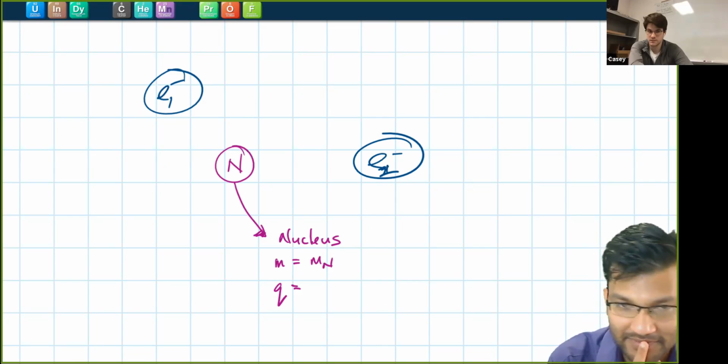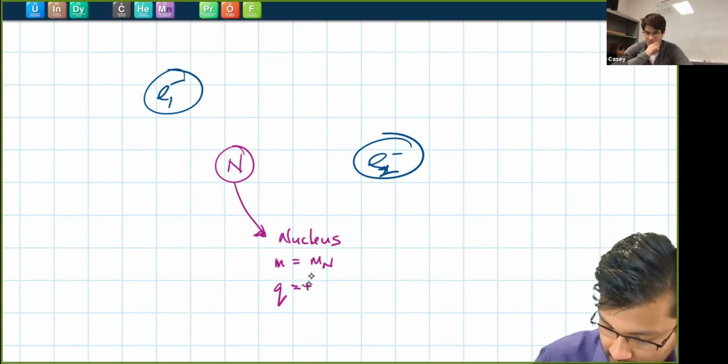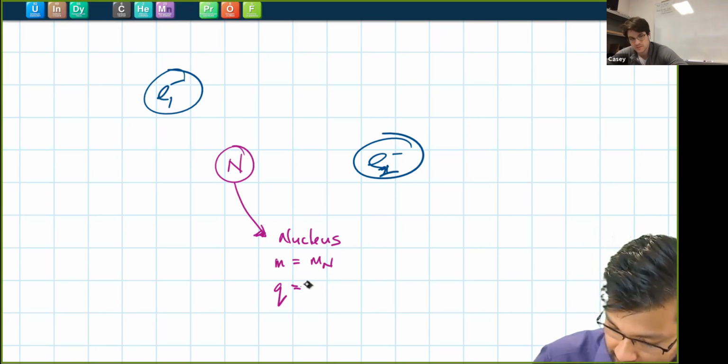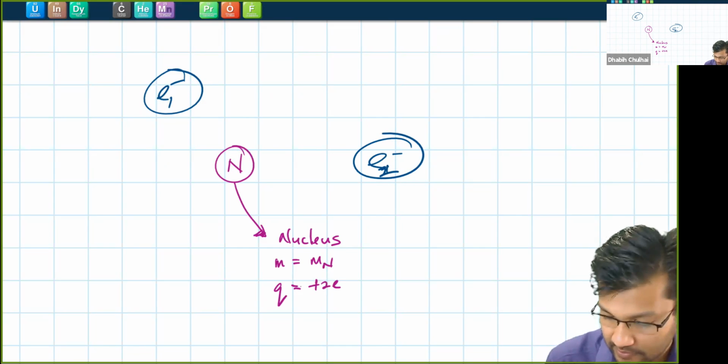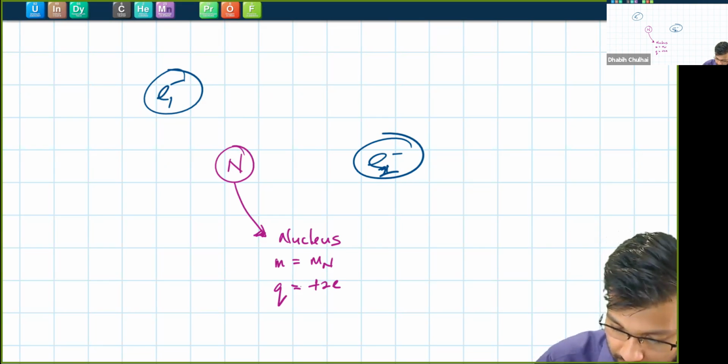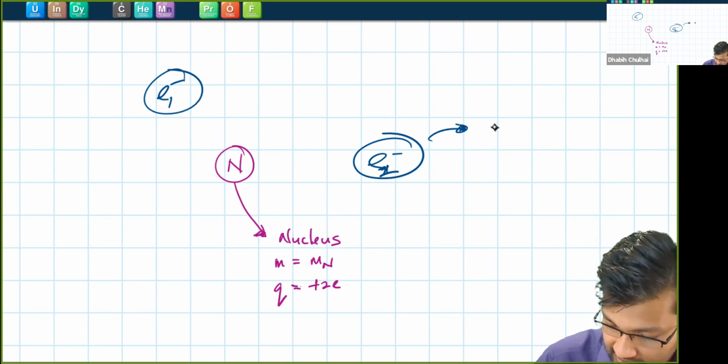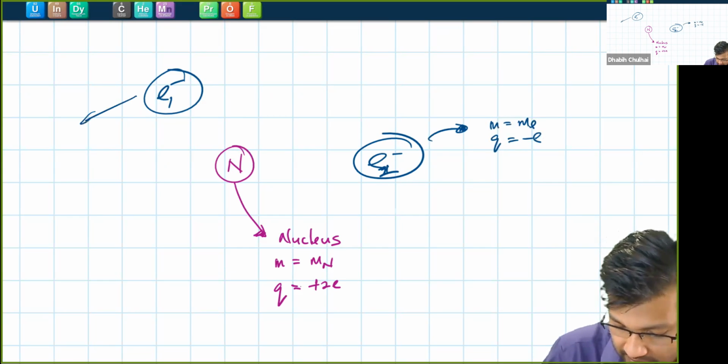I know you know, I'm just pausing. Yep. So it's +2E, right? E is the elementary charge, right? So it's +2E. This electron has mass of the electron, and the charge is -E. And here, same thing. The mass is the mass of the electron, and the charge is -E.